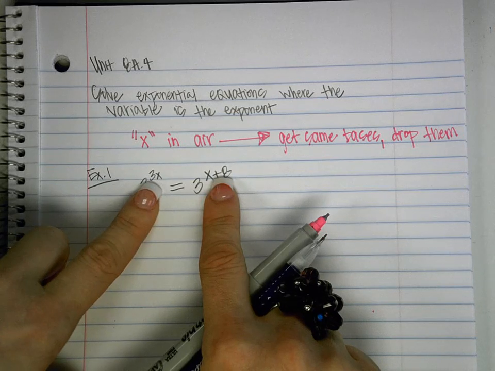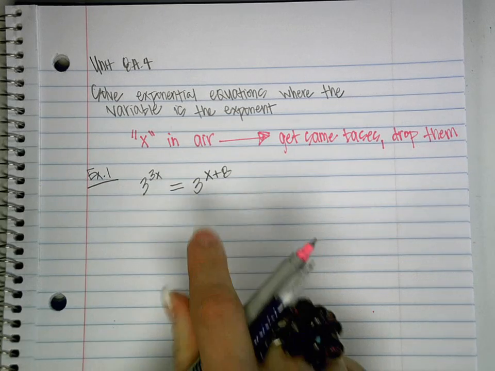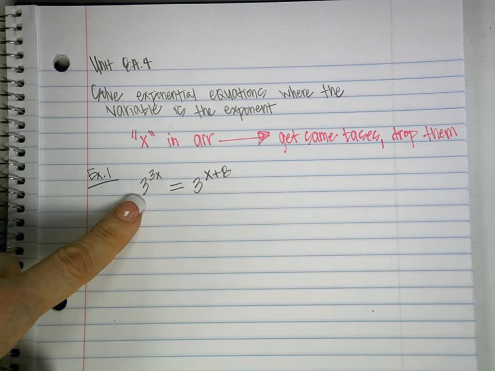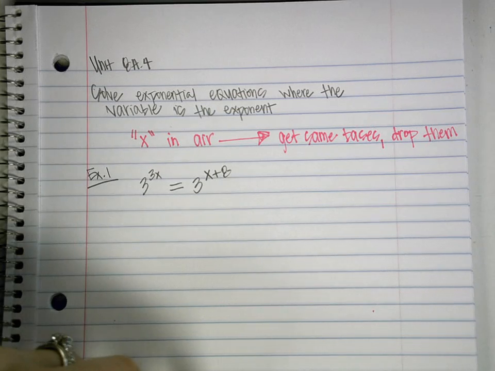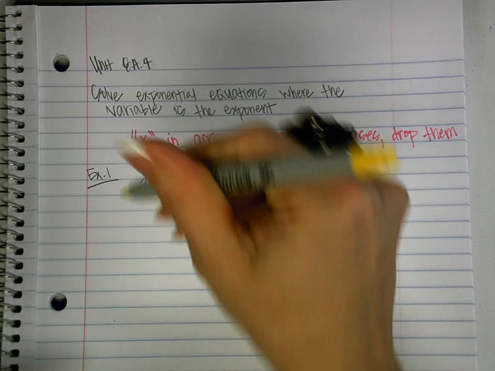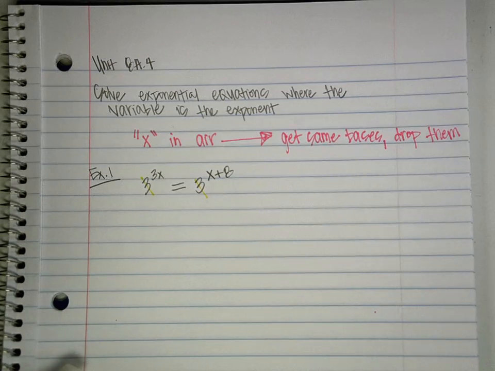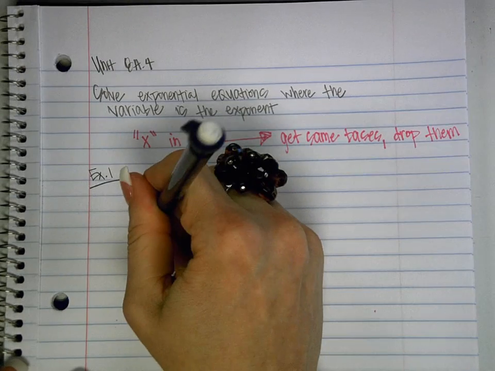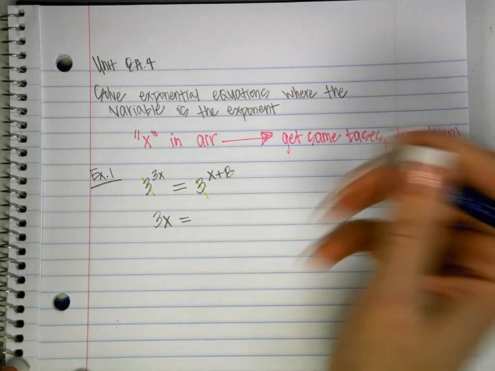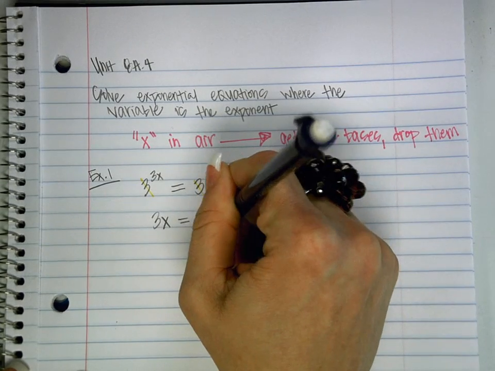The exponent is what's in the air. Since the bases are exactly the same, we can literally just cancel them out, and take whatever's left in the air, the exponents, and set them equal to one another. So 3x equals x plus 8.